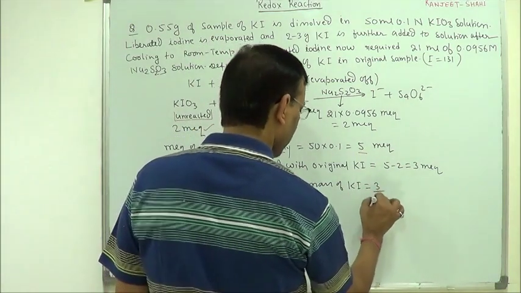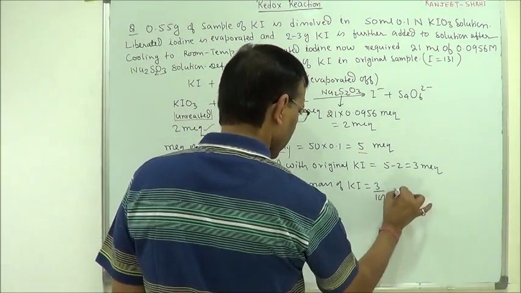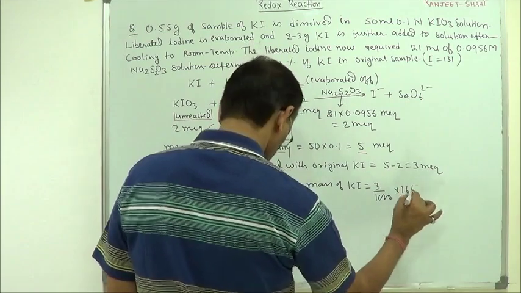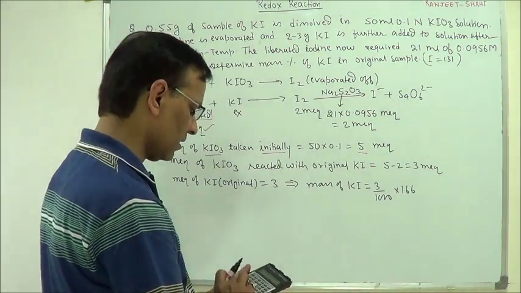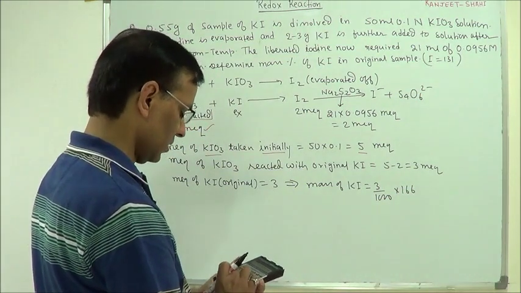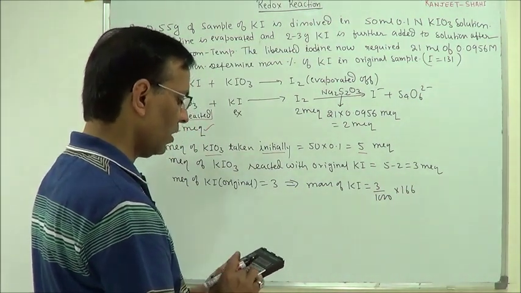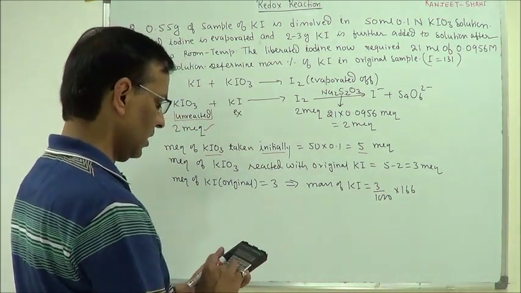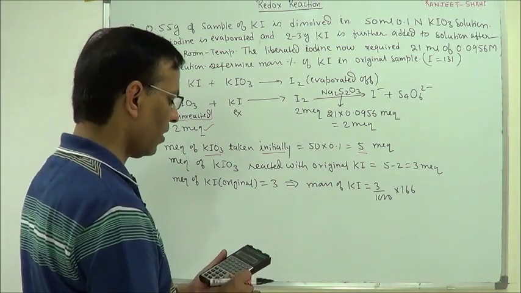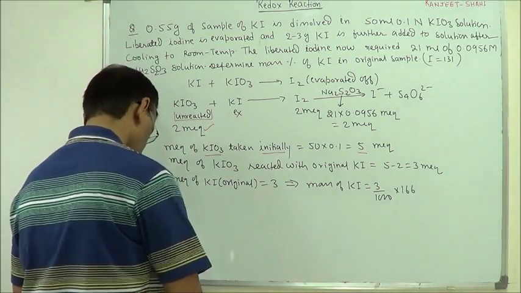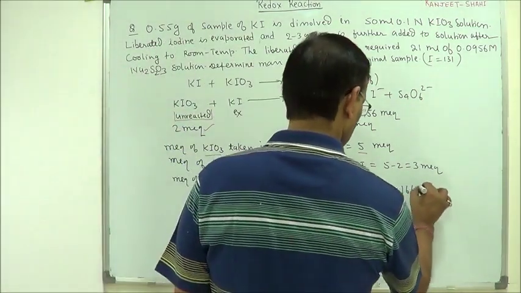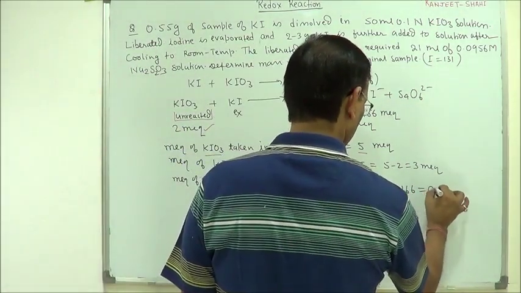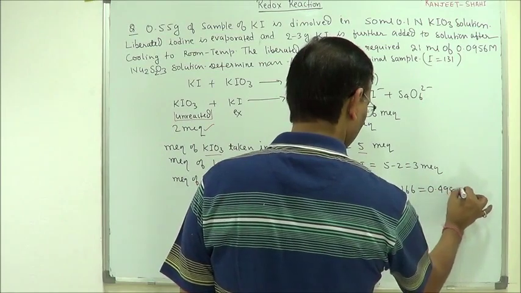So it will be 3 divided by 1000 into 166, 127 plus 39, so it is 166 into 3, so 0.498 divided by 1000, so it is 0.498 gram.